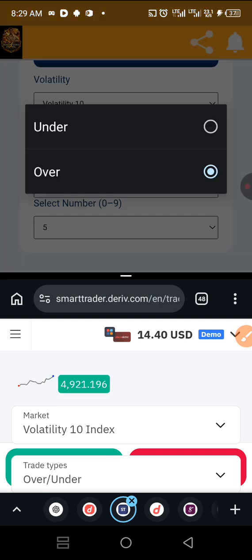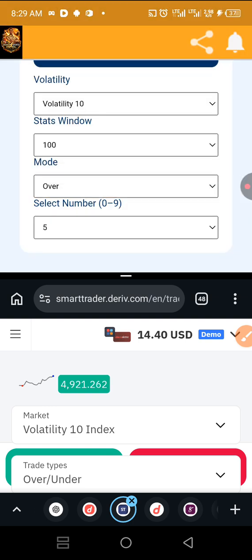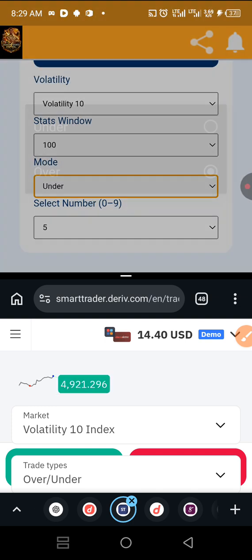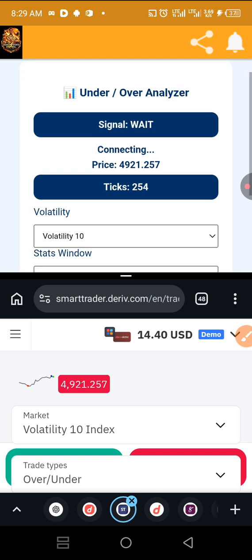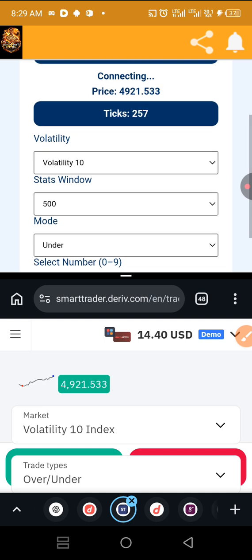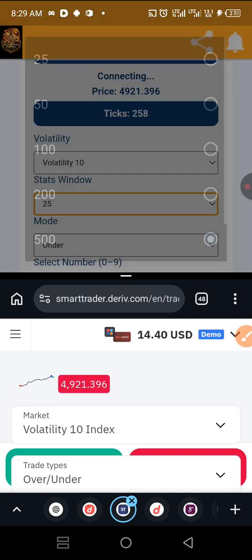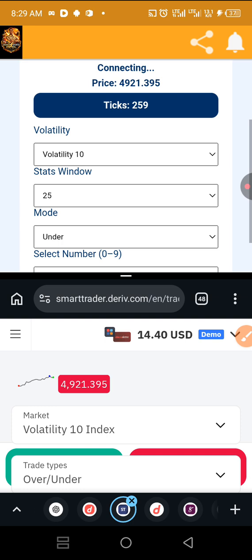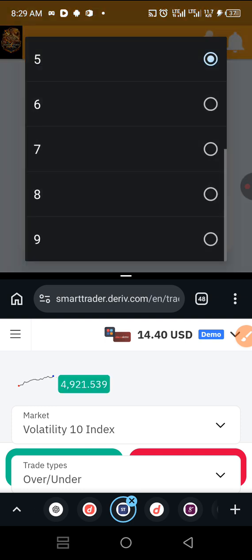So let's check under. We are now in under now, because let's go to under 5. So 55%. Let's check higher time frame, 500. So they are still waiting. So that's that about the under.